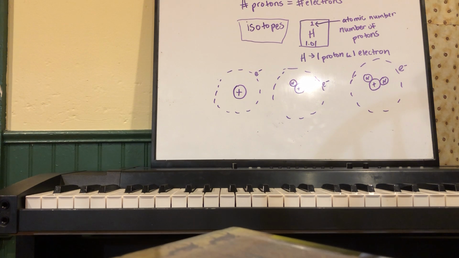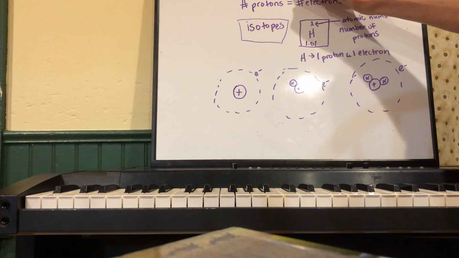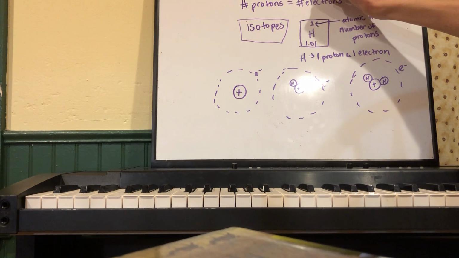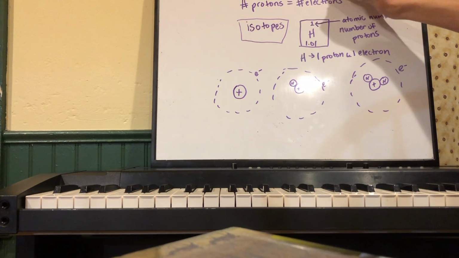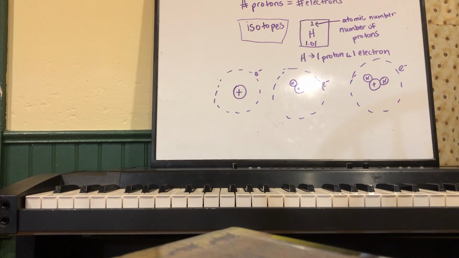And remember, the number of protons will always equal the number of electrons, okay? The mass number is actually the number of protons plus the number of neutrons.